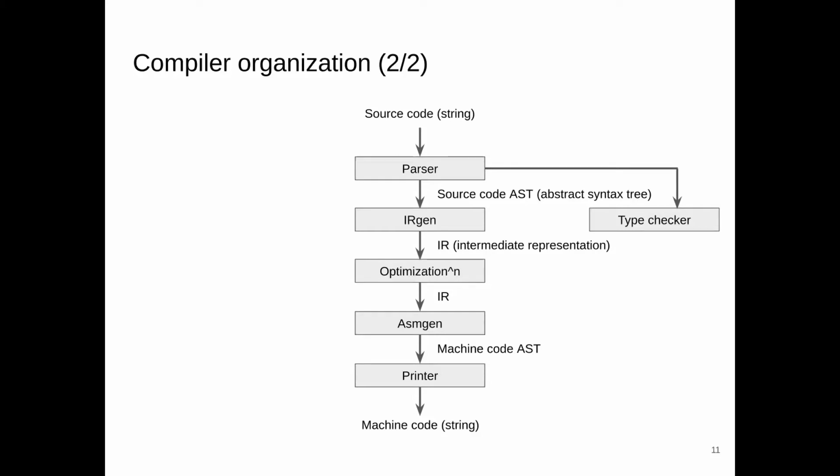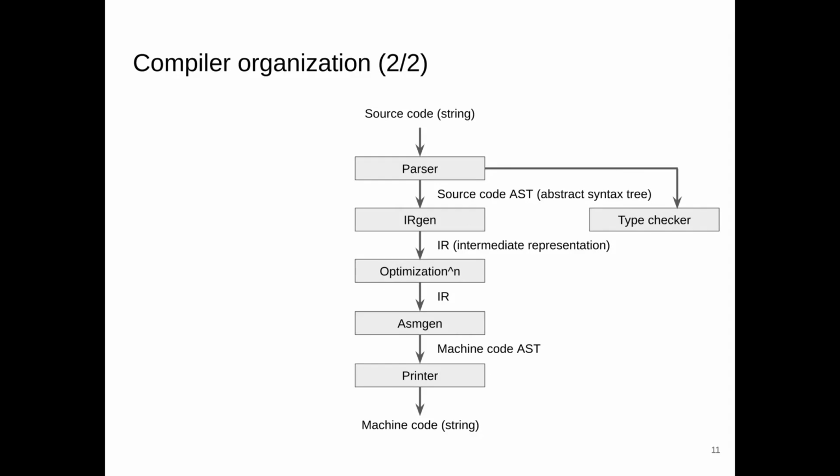It is meant to be human readable, but it is mostly equivalent to the machine code that actually executes on your CPUs. And this human readable form of assembly is going to be printed into machine code, which is a bit stream, the array of bytes that actually executes on your CPUs.